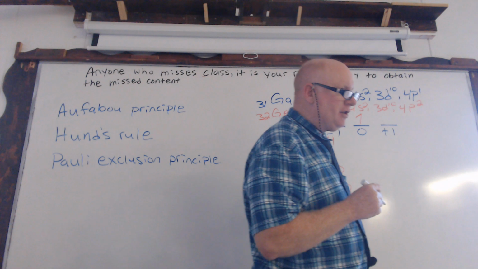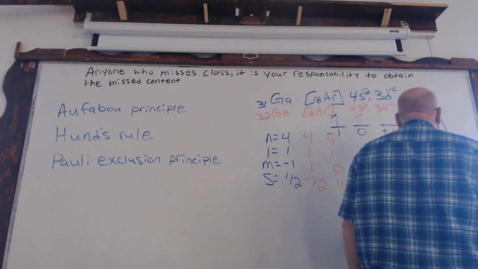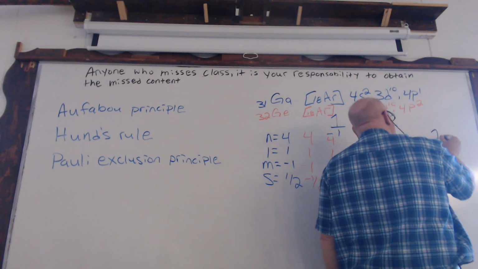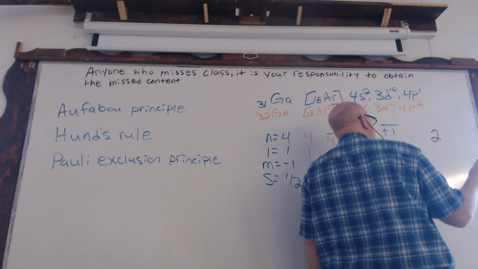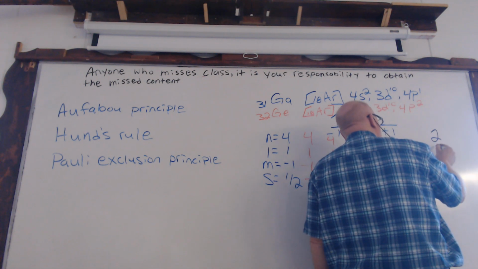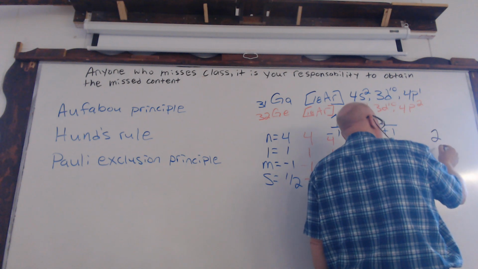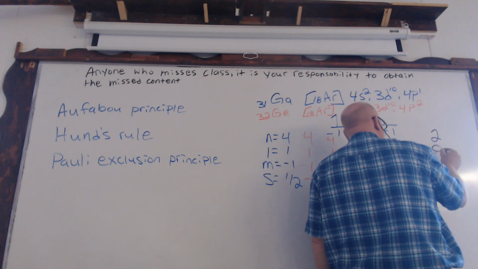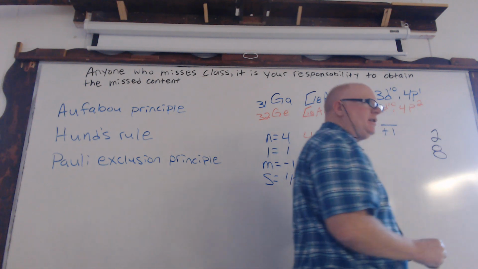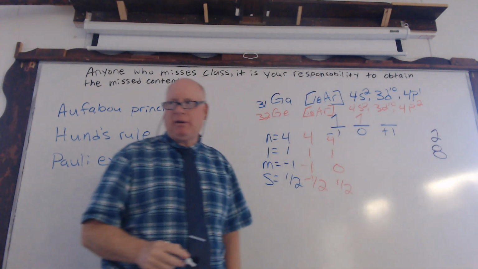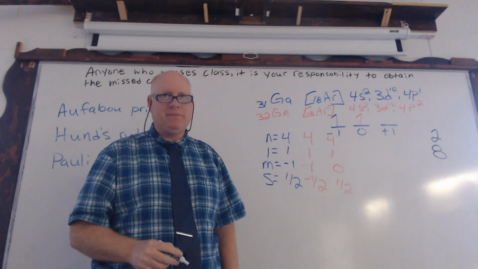The first energy level holds what? The second entire energy level, would it be 7? Or 10? Going across, 1, 2, 3, 4, 5, 6, 7, 8. It's 8 because the second energy level has the S block and the P block together.